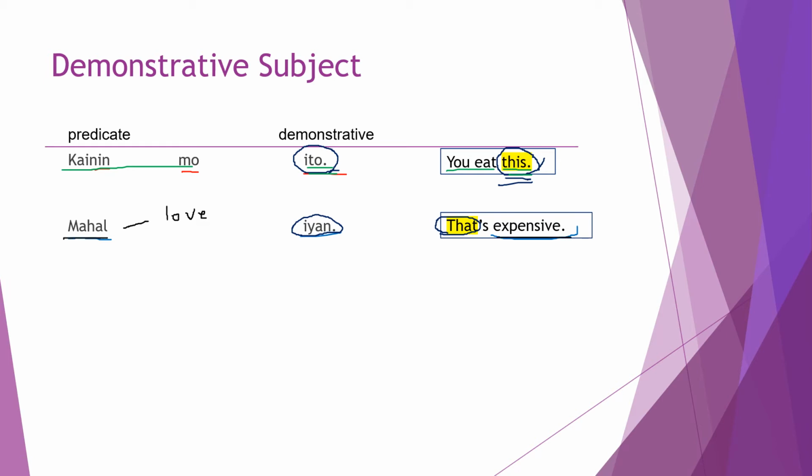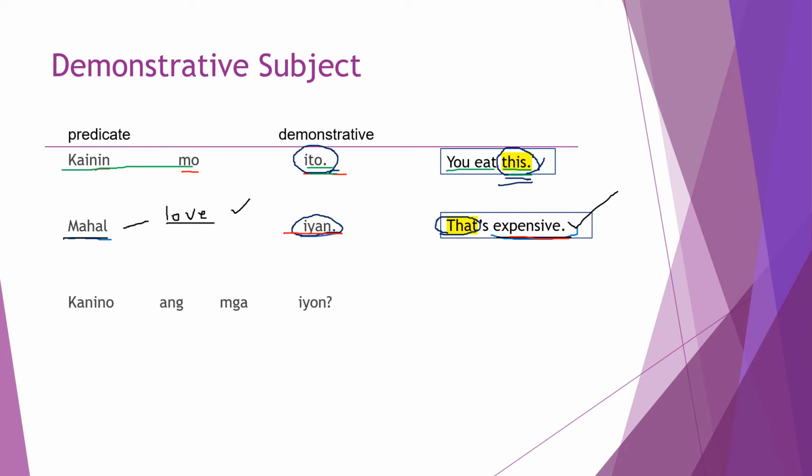So mahal could mean love or expensive, but you can know the meaning in a particular context. Like this one, mahal iyan. The person is saying that that particular thing is expensive.